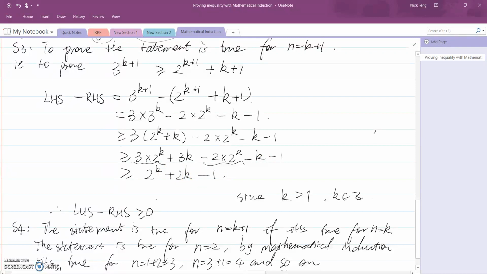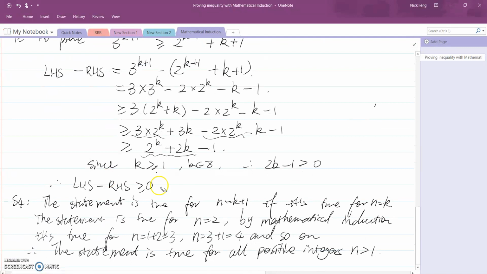Now, since k is greater than or equal to 1, this whole number here has to be greater than 1, no doubt, because 2k is already greater than 1. So since k is greater than or equal to 1, and k belongs to the integers, therefore 2k minus 1 is greater than 0.